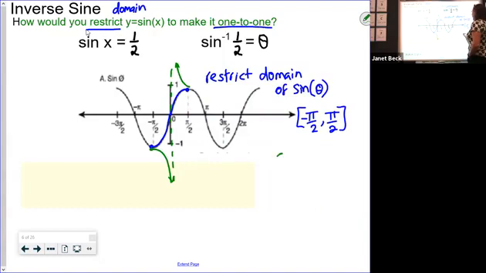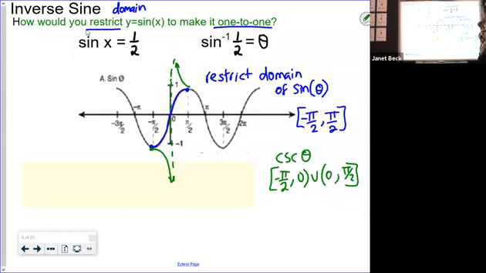For cosecant theta, we're going to restrict it from negative pi over 2 to pi over 2. But look, there's an asymptote in the middle which has to be excluded. Okay? That's how we're going to have to restrict our domains for sine and cosecant.